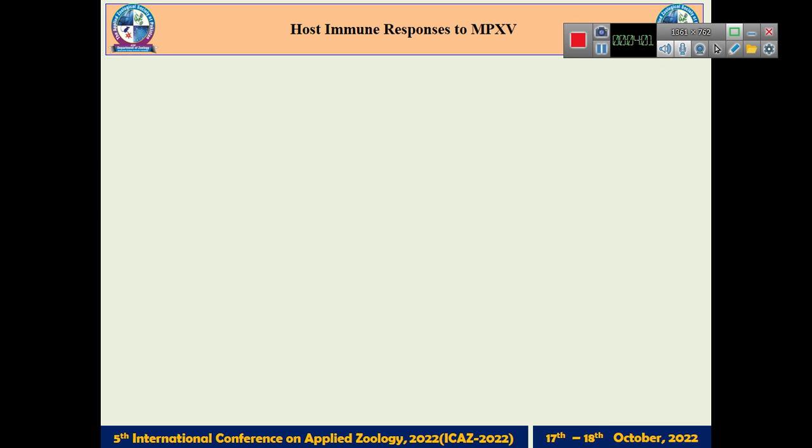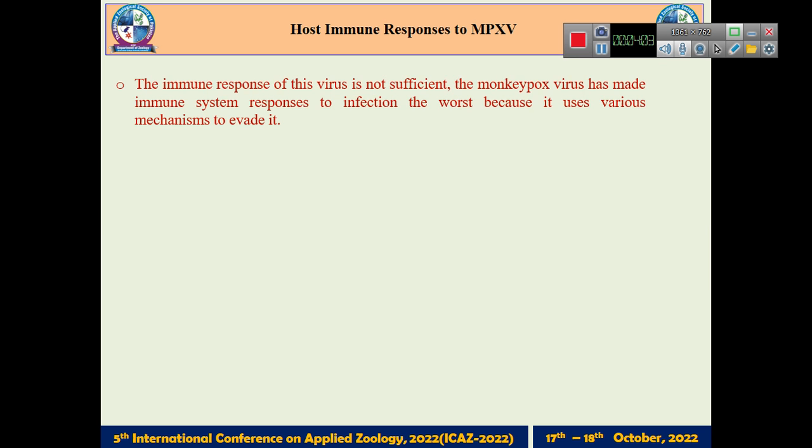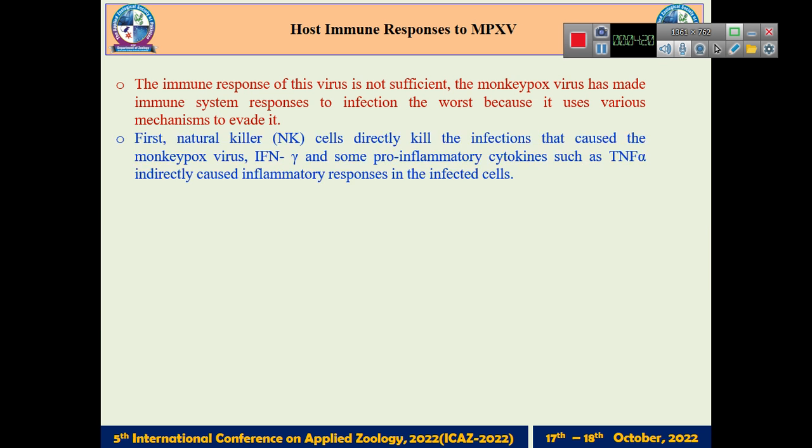In this slide, I want to talk about host immune response to monkeypox virus. The immune response to this virus is not sufficient. The monkeypox virus makes the immune system response to infection the worst because it uses various mechanisms to evade it.